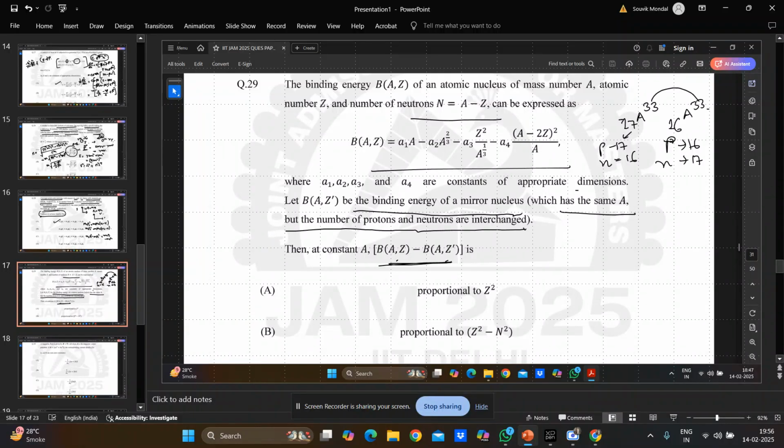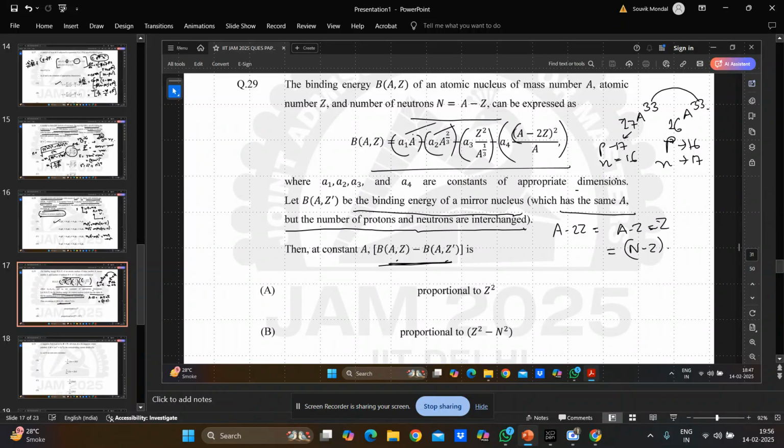The first thing you should know is that A is the same. So the first term and the second term only contain A, so these two terms do not contribute if you take the difference. The confusion will be in the remaining terms. Now carefully note this term A minus 2Z. What is A minus 2Z? A minus Z minus Z. So it is N minus Z basically.